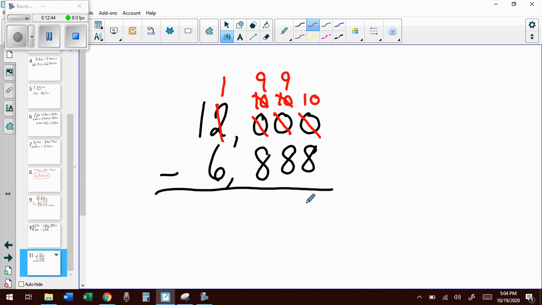10 minus 8 equals 2. 9 minus 8 is 1. 9 minus 8, hey, I like that when that happens. 1 minus 6, oh, can't do it. I need to take from the next place value, but it's leaving them with nothing.